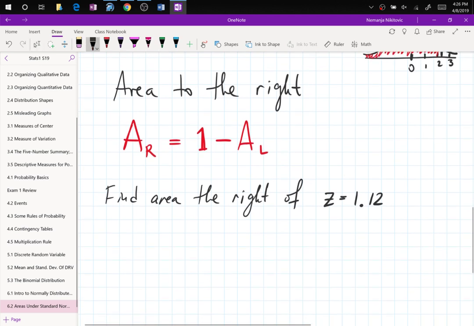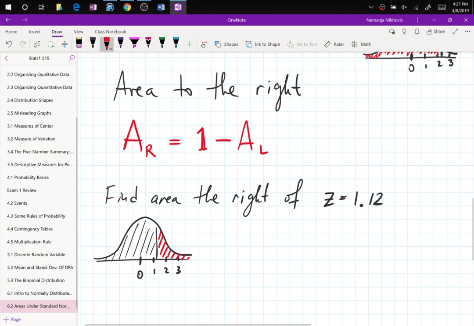In order for us to find the area to the right, remember our chart only reads left. We will have to find the area to the left, which is what we don't want, and then subtract that from 1 to get the area to the right, which is the red shade, which is what we do want.